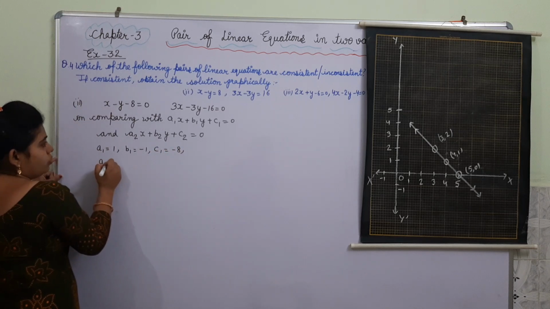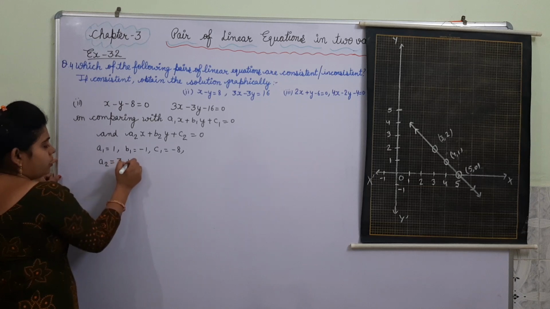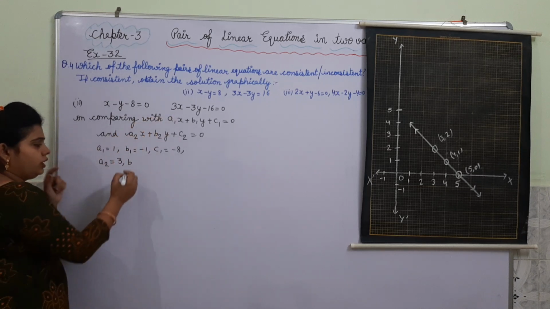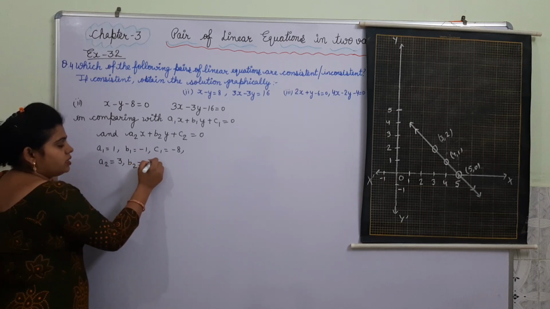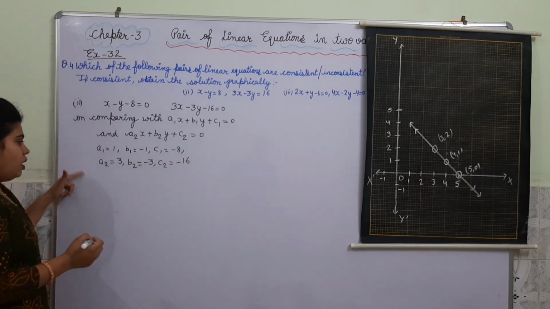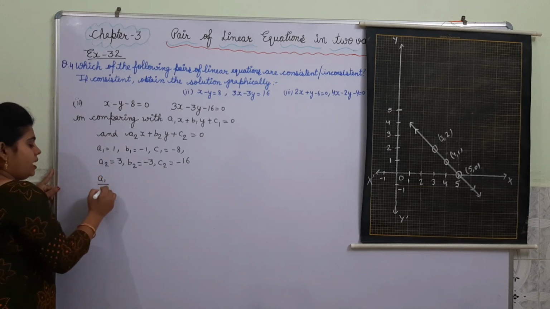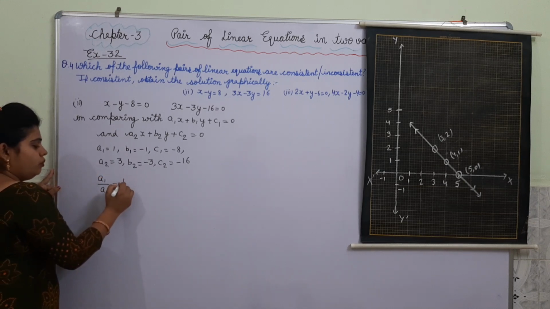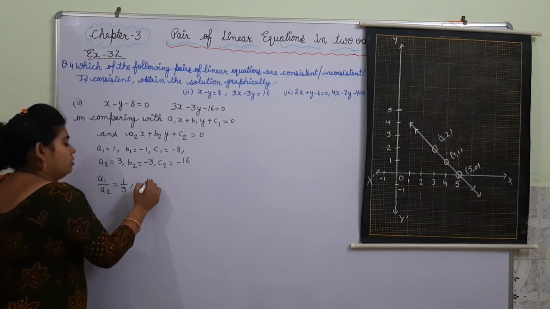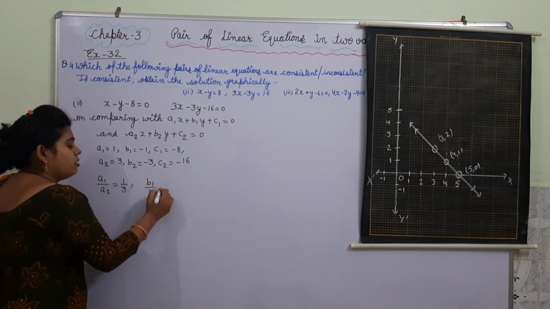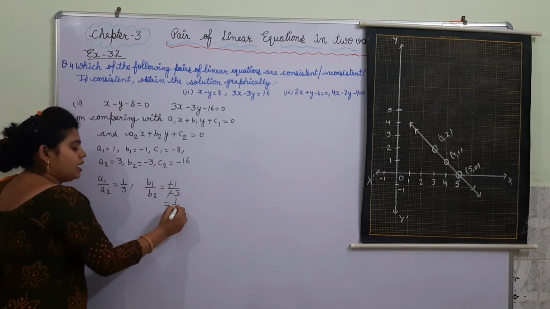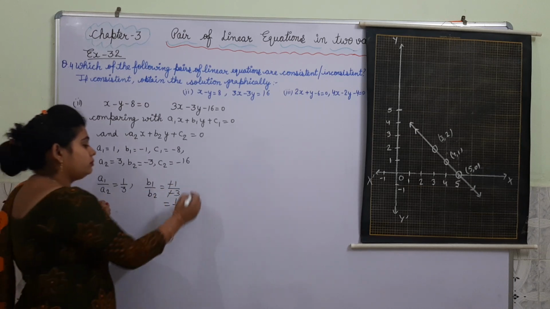Now a2 is equal to 3, b2 is equal to minus 3, c2 is equal to minus 16. Now a1 by a2 is equal to 1 by 3. We are finding the solution. b1 by b2 is minus 1 by minus 3, the minus cancels out, so we are getting 1 by 3.